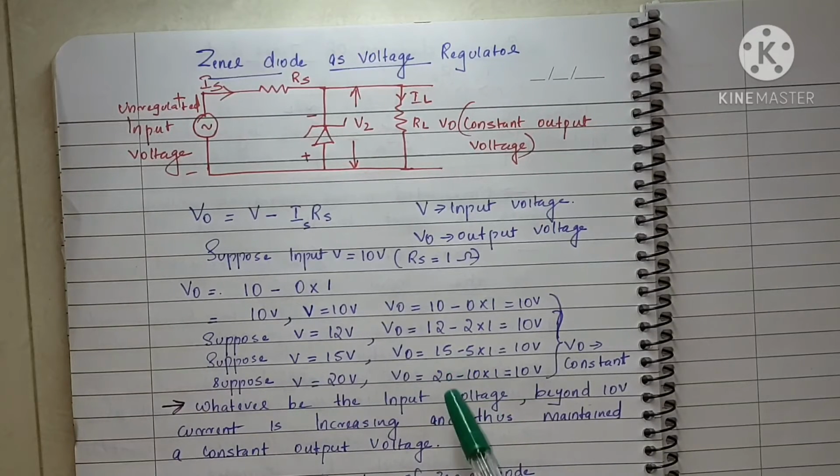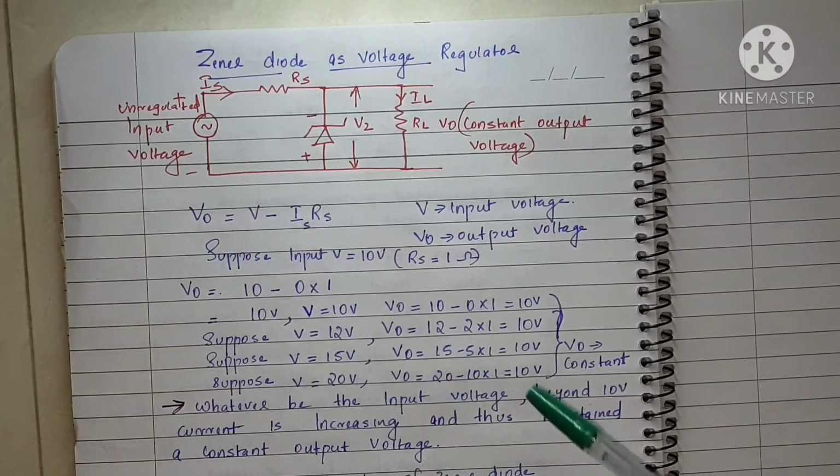Suppose the input voltage is 15 volt, and for this 15 volt, Is is 5 amps. So we get 15 minus 5 into 1, equal to again 10 volt. Suppose for a 20 volt input supply, the current Is is equal to 10. So V0 equals 20 minus 10 into 1, equal to 10 volt.